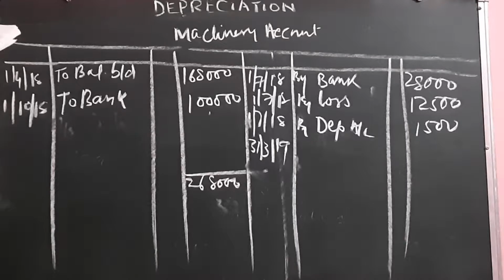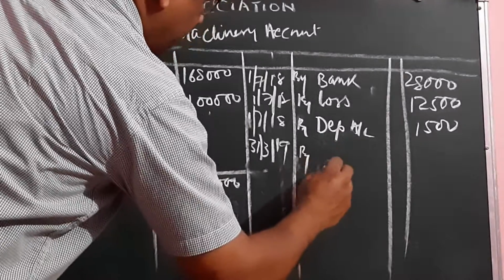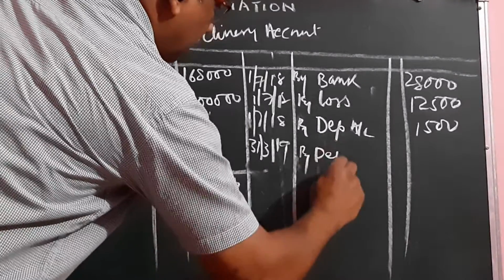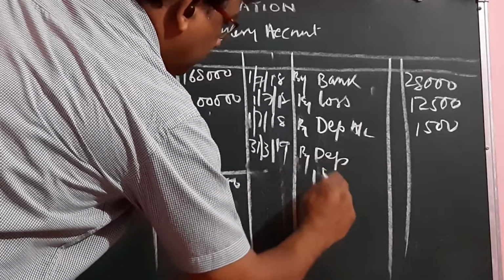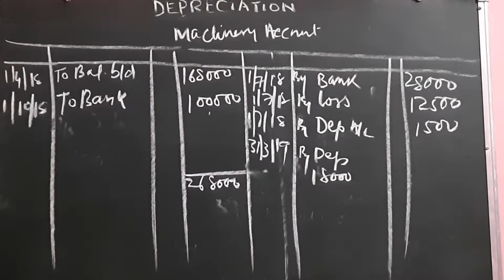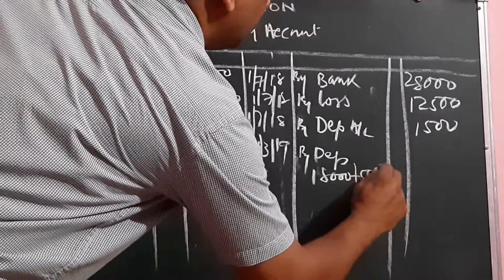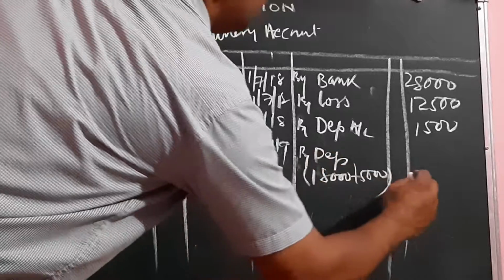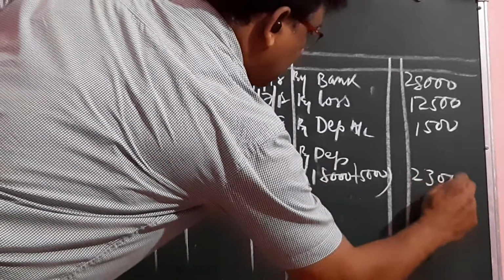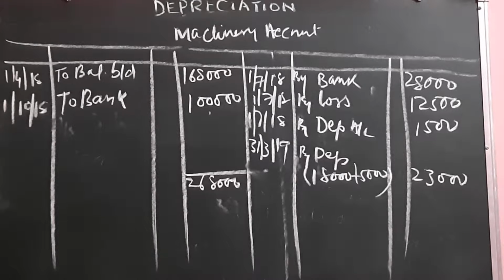So the depreciation of the remaining machines is 18,000, and 5,000 for the new machine. So total it is 23,000 depreciation charge on the remaining 4 machines.